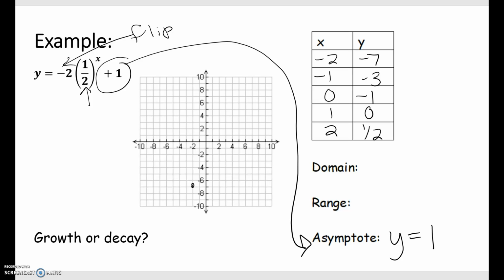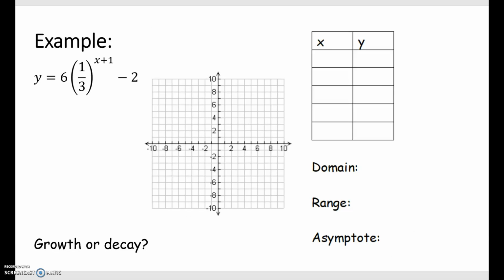So I'm plotting those points: (-2, -7), (-1, -3), (0, -1), (1, 0), and (2, 1/2). Again, your asymptote is at a positive 1, so your graph should not cross that line. It might look like it touches that line, but it's not going to quite cross it. And my graph is moving up, so that should be a growth function.